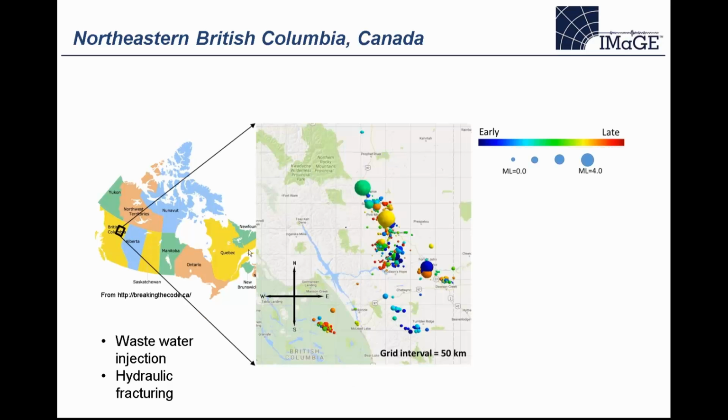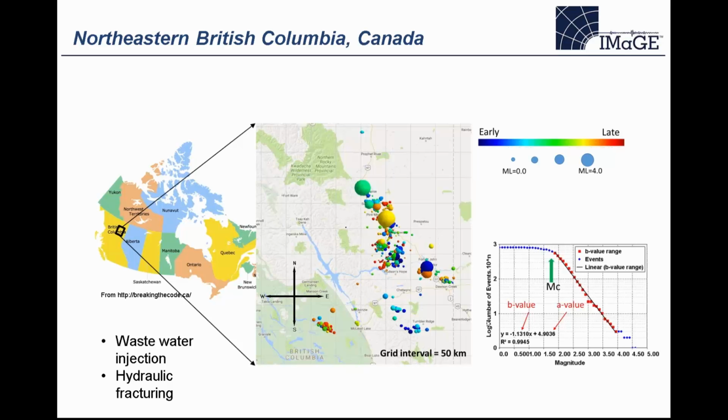So what I did is I downloaded the catalog from 2013 all the way until the day before our project, and I plotted it using our software. You can see most of them are small events, with a few large events that could be as high as 4.5 magnitude, and those large events are causing damage to the near-epicenter areas.